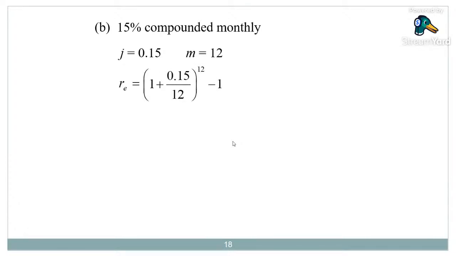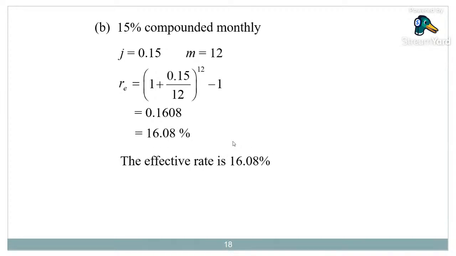And then to power of 12 time, compounded 12 time minus 1. So the interest rate sebenarnya 0.1608, which is 16.08%. So the effective rate is 16.08%. Okay, 15% compounded monthly sama dengan 16.08% compounded yearly. Okay, so this is untuk setahun lah effective rate dia.